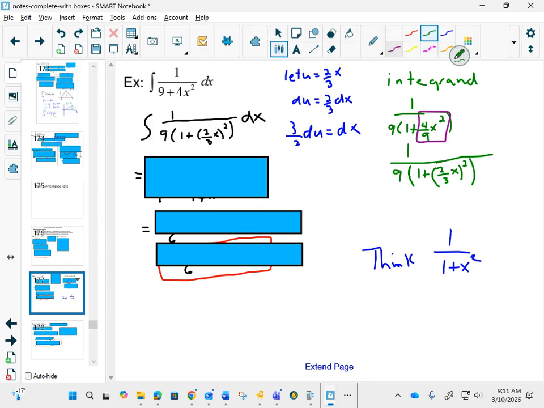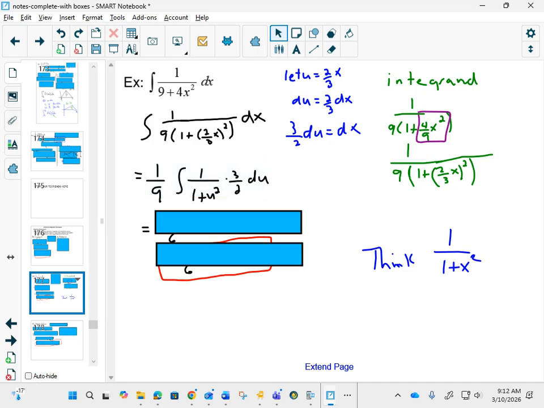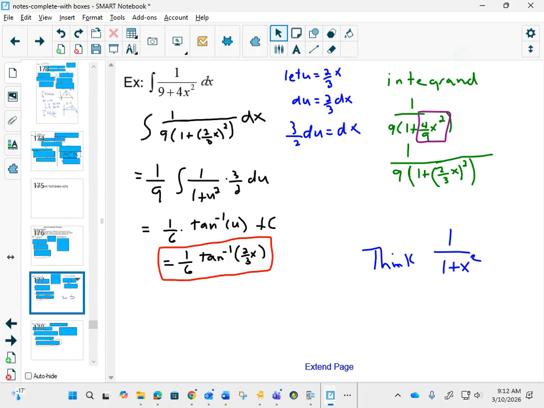So I'm going to have a 1/9, a 1 plus u squared, and then the dx is going to get substituted for the 3/2 du. I can pull the 1/9 out in front. I could pull the 3/2 out in front. Pulling the 3/2 out in front would give me 1/6, and I have a straightforward tan inverse. Substitute back.